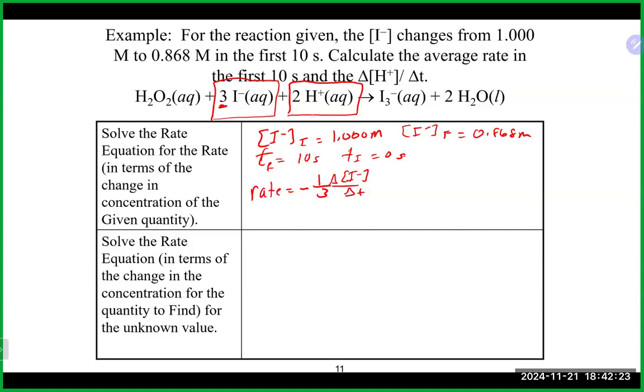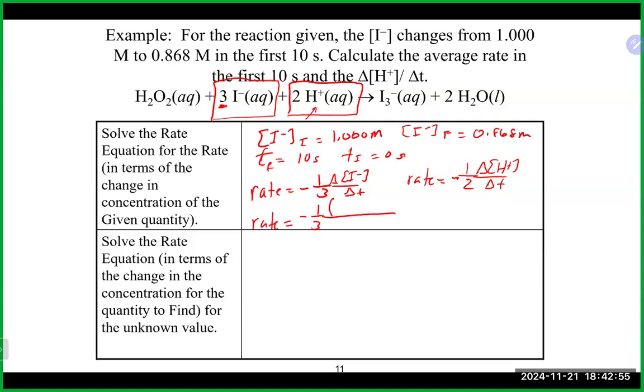We could also write an expression for our H plus, and that would be the rate is equal to minus, again because it is a reactant, 1 over the coefficient, which is 2, the change in the concentration of H plus over the change in time. We're obviously going to start with the I minus, since that is the only information we really have in this case. So if we put in our numbers here, the rate will equal negative 1 over 3.